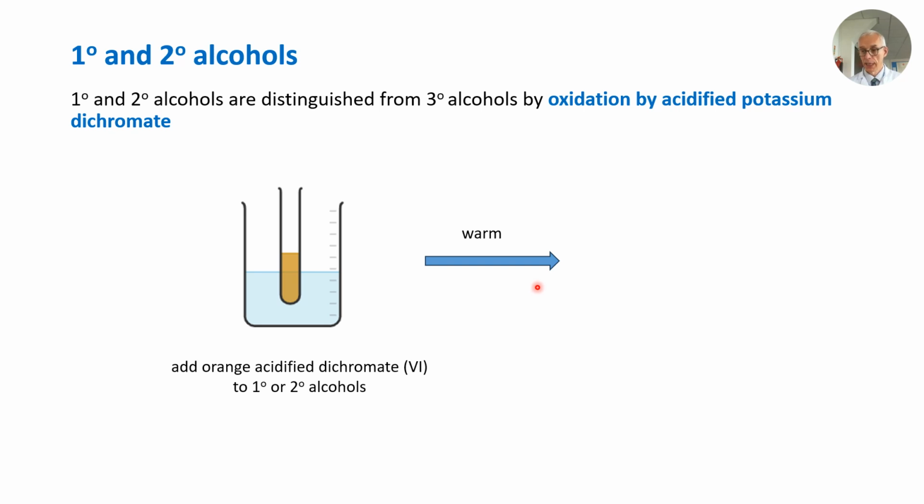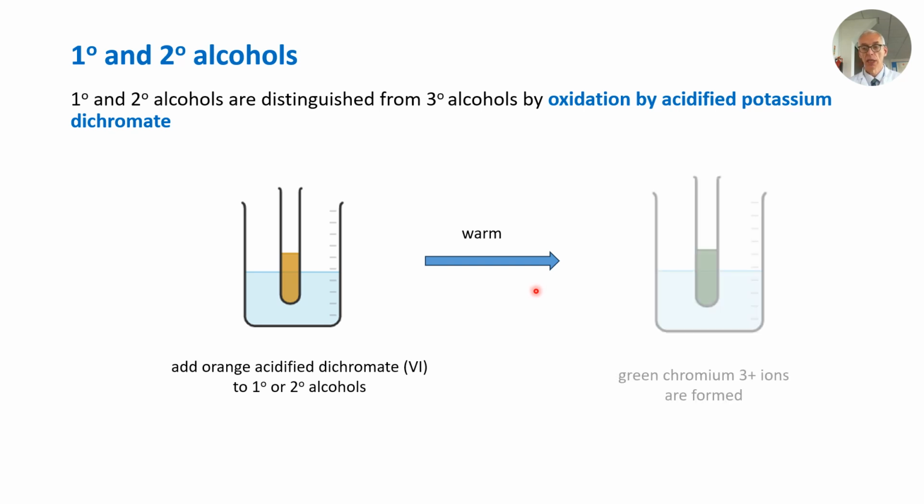You warm in a water bath, and in a relatively short time, a green solution is formed of the chromium 3+ ion. Primary and secondary alcohols will show this change, as indeed will aldehydes. So aldehydes may need to be eliminated via the silver mirror test on the previous slide.